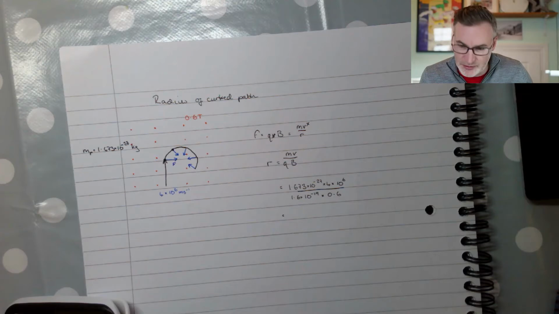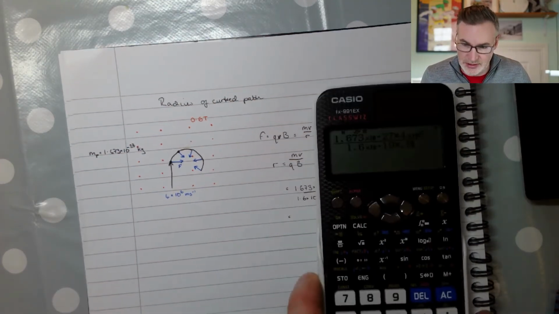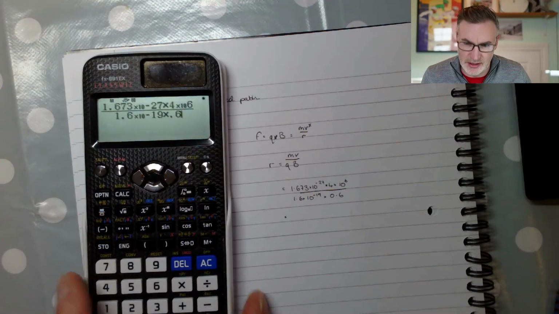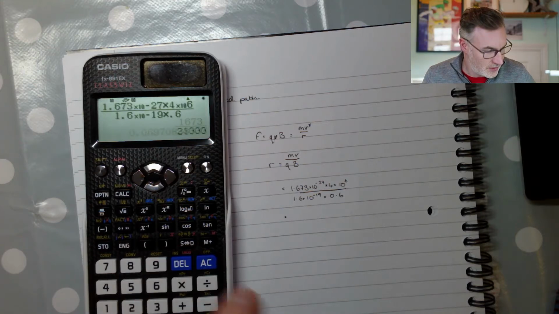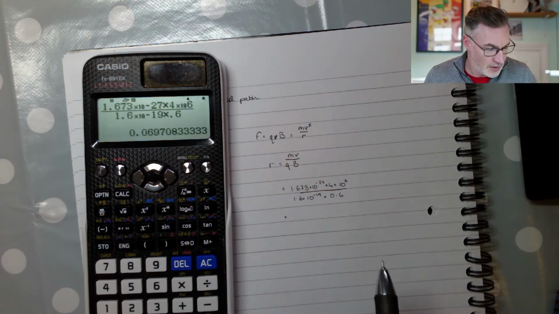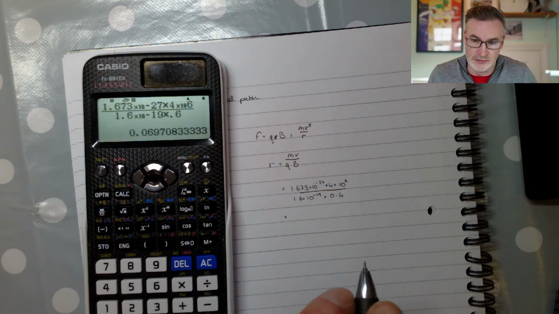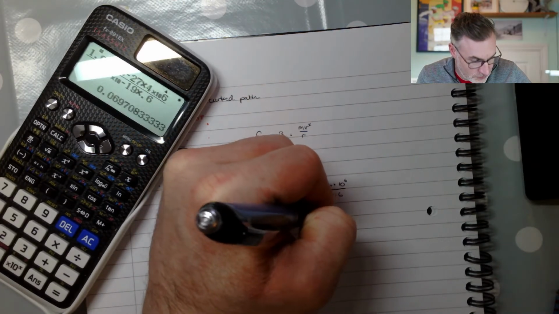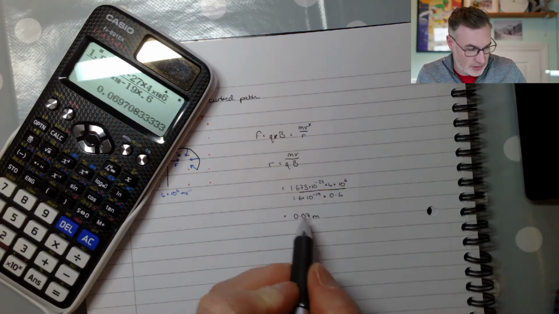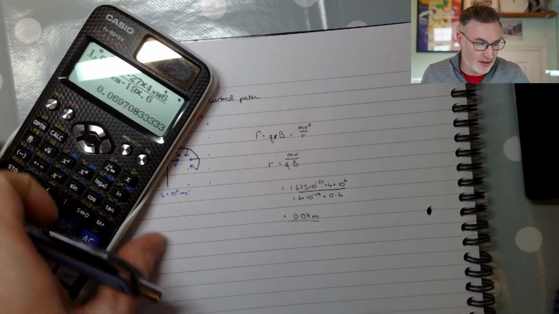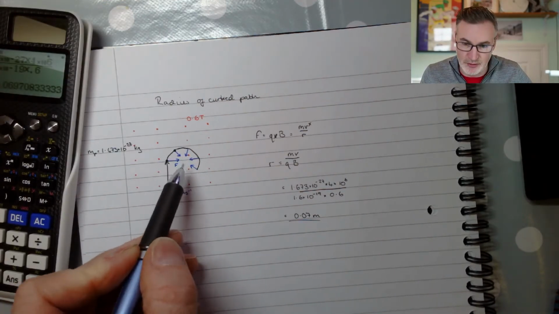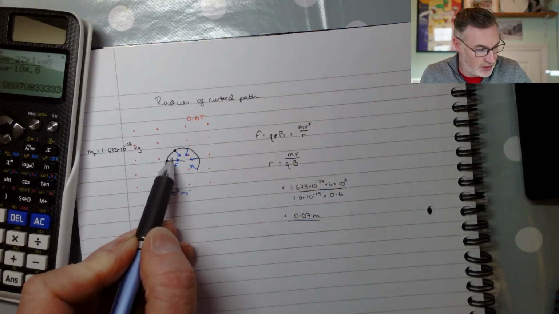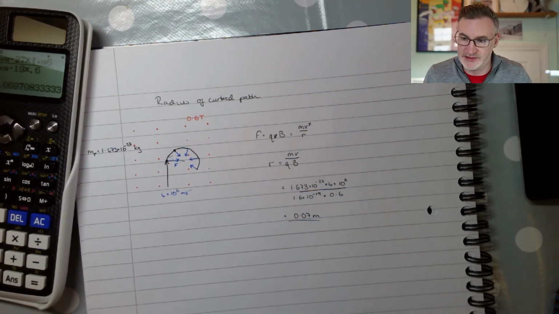So we substitute the numbers in, and we can type them into a calculator, and that will give us 0.07, let's call it 0.07, so we could say 7 centimeters. So the radius of that curved path, the proton is going to move around here, and the radius there would be 7 centimeters.